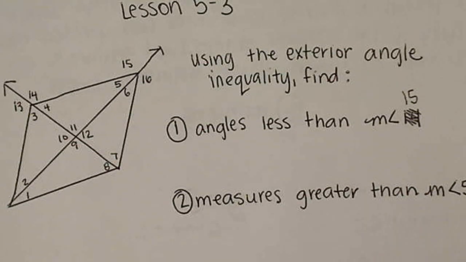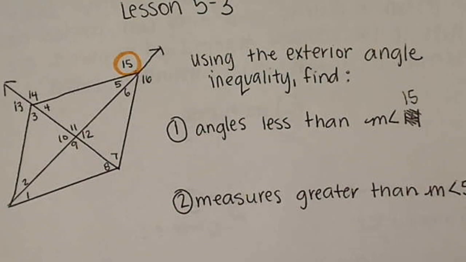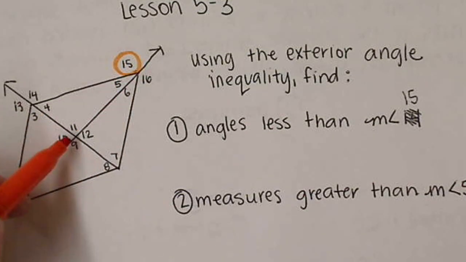And we can use the exterior angle inequality theorem, which says that any exterior angle, which is what we have, is greater than the angles that are inside it, like this triangle right here.